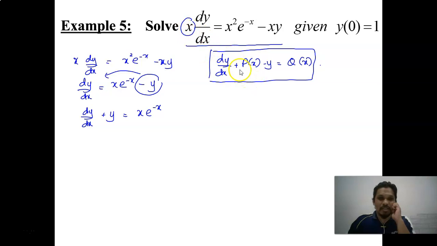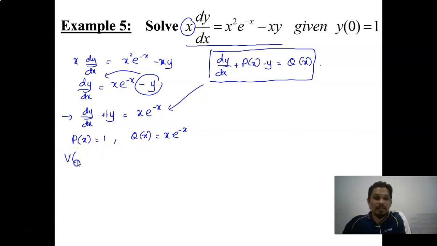So this is the form: dy/dx plus p(x) times y, plus y, and then x e power of negative x. So we list down where p(x) equal to, okay, we imagine that there's a 1 here. So p(x) times y, there's no x, so we consider p(x) as 1. And q(x) equal to x e power of negative x.